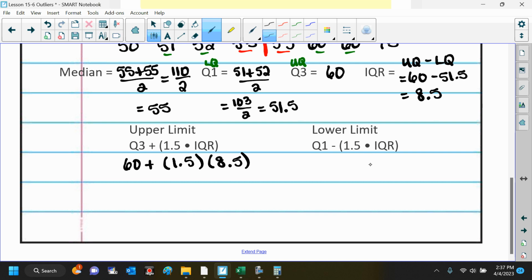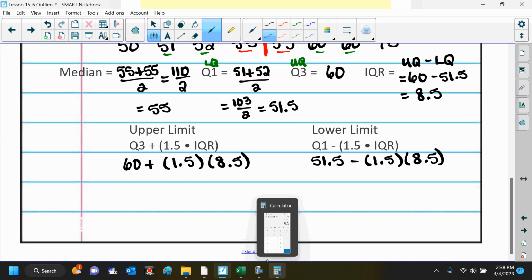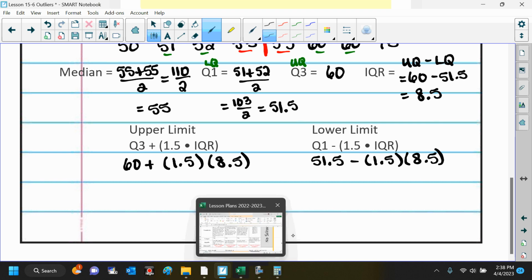To get the lower limit, we're going to use the lower quartile, Q1, so that's going to be 51.5 minus 1.5 times the interquartile range, which is 8.5. And now we just simplify those to help us make our decision.